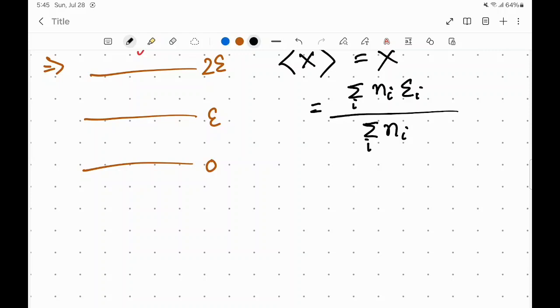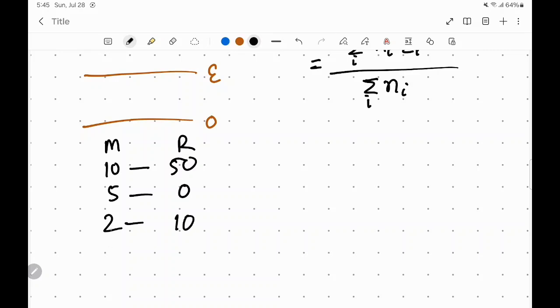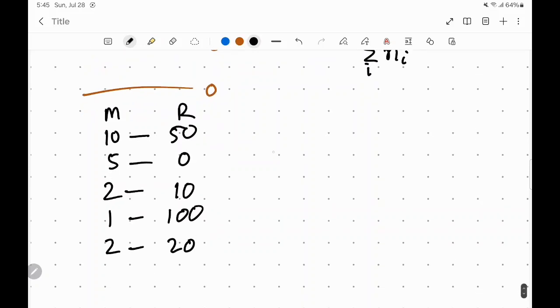Let's say any batsman makes runs: in 10 matches, he makes 50; in 5 matches, he makes 0; in 2 matches, he makes 10; in one match he makes 100; and in other two matches he makes 20. So how do you calculate the average run? Average run will be total run by total match.